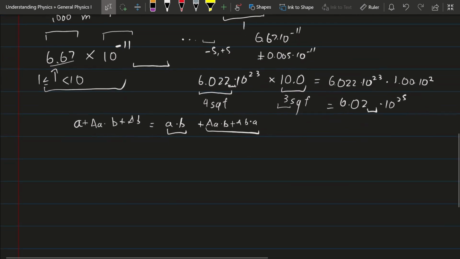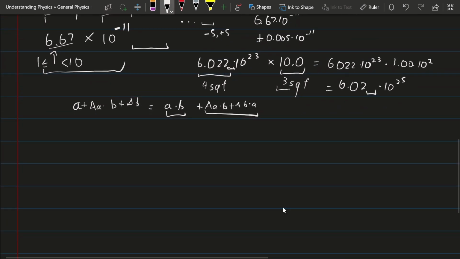Besides multiplication, you could also do addition or subtraction with significant figures. For example, you could try to find the difference of a proton minus a neutron, and let's say you want it to have 4 significant figures.